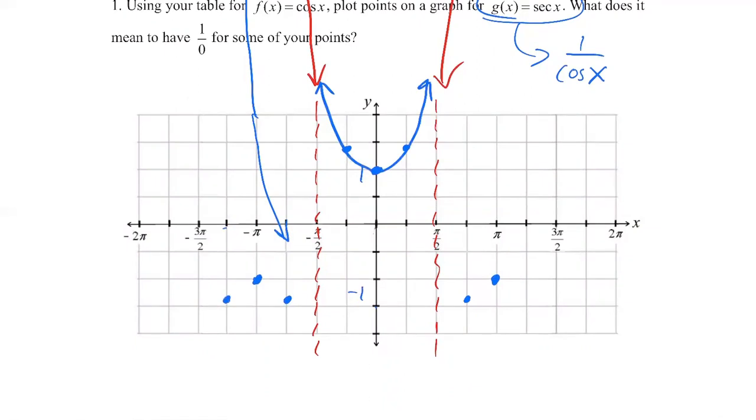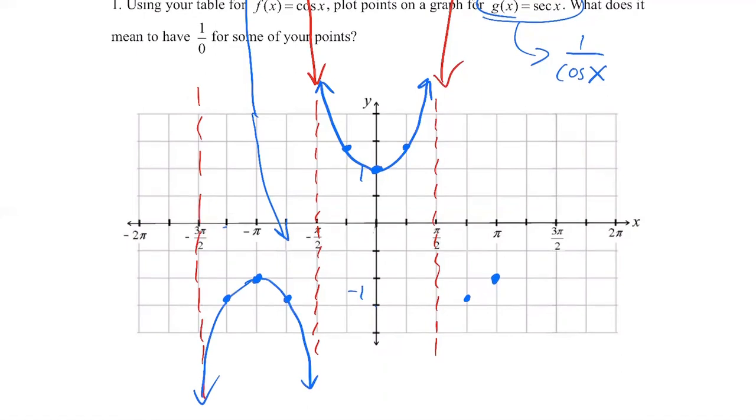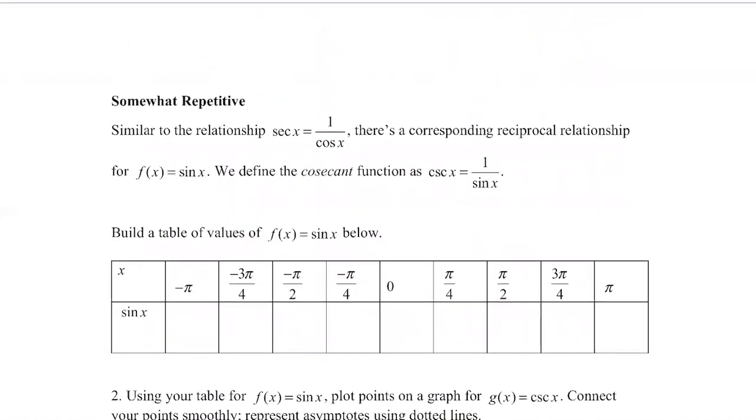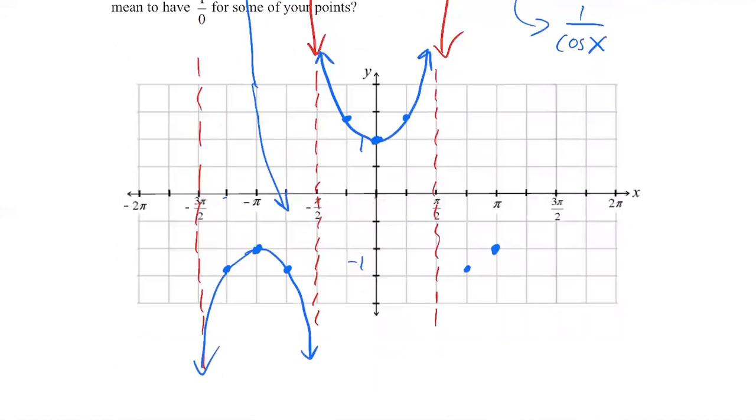And negative 3 pi over 2 also, the cosine of negative 3 pi over 2 is also 0, so 1 over that will also be an asymptote. So if I connect smoothly, I wind up with that. Let's go ahead and continue to symmetrically sketch in the rest of that behavior.